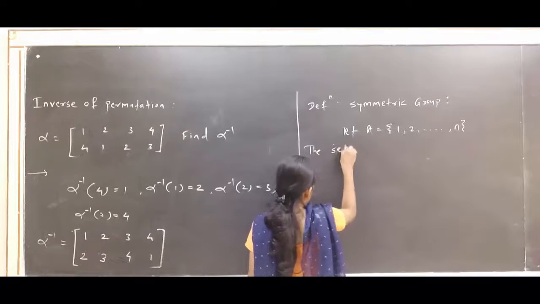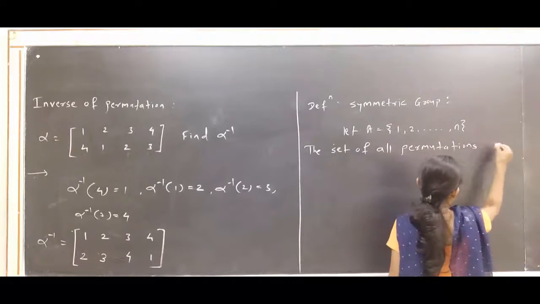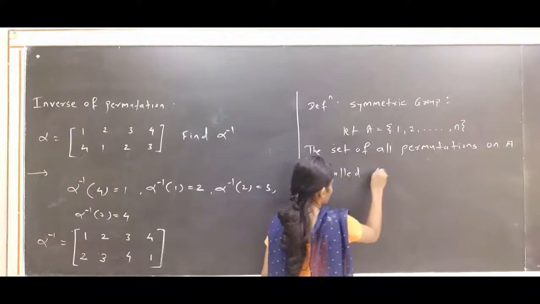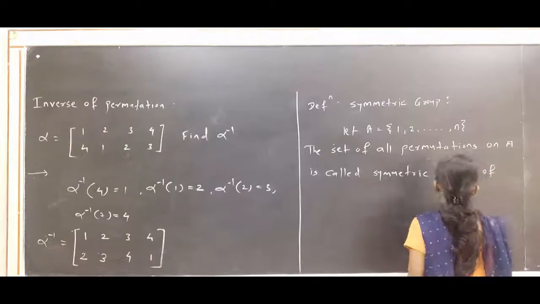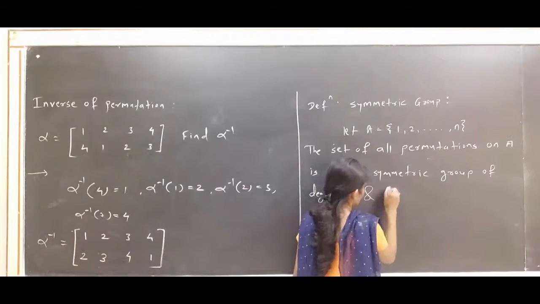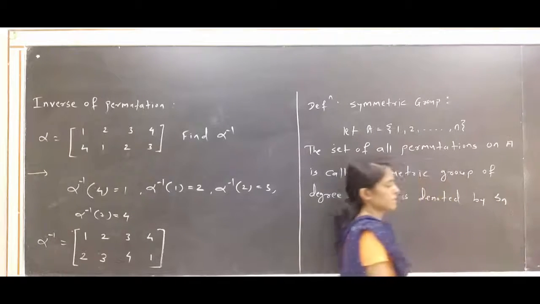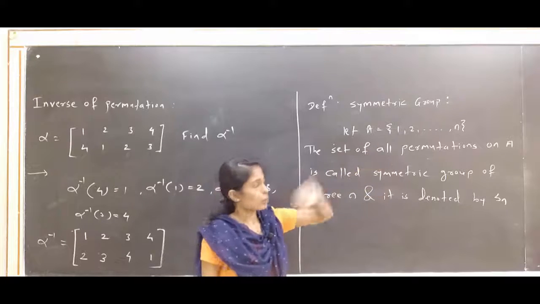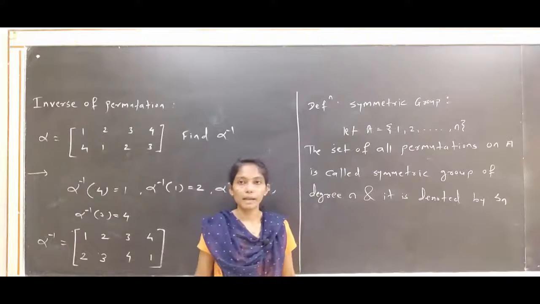The set of all permutations on A is called the symmetric group of degree n, and it is denoted by Sn.